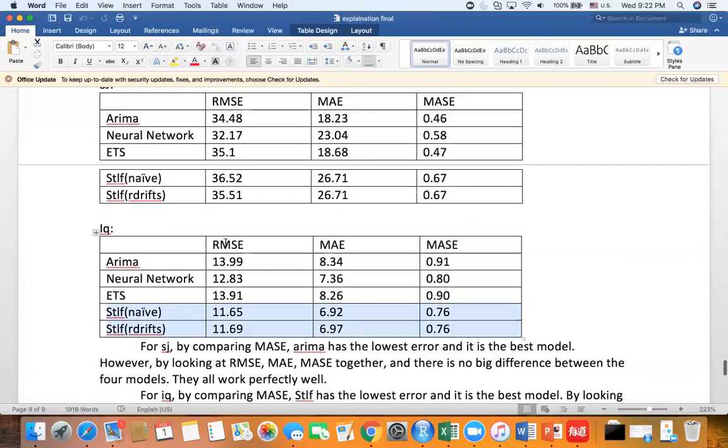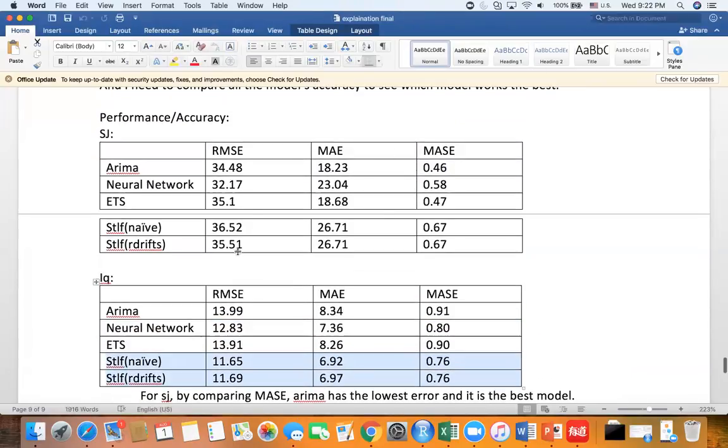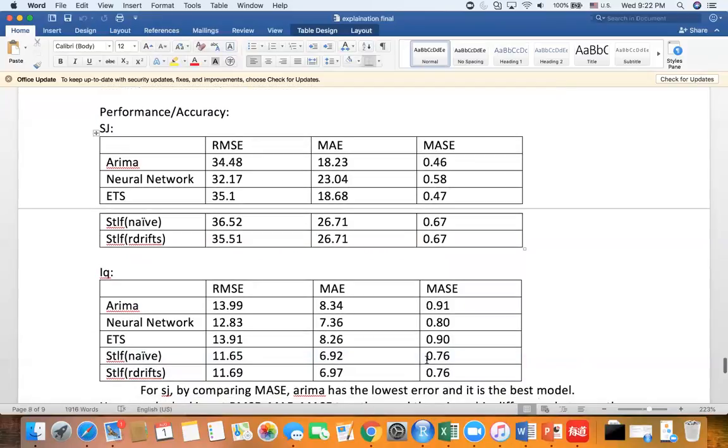But just looking at it as a whole, RMSE, MAE, MASE, all of them, the models don't have really big differences. And so I would say they all work, but if I still have to pick one, I'll pick ARIMA for San Juan and STLF for EQUATOS.